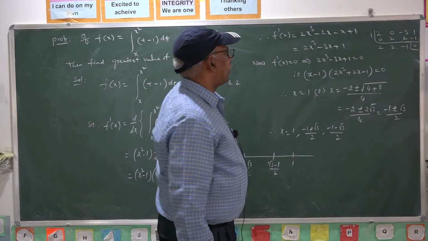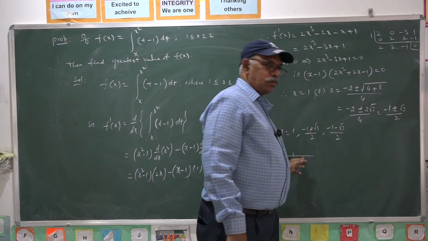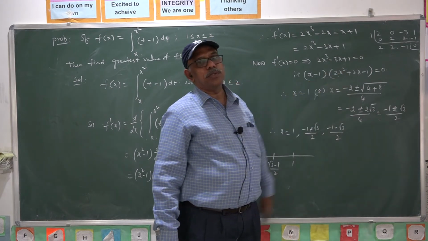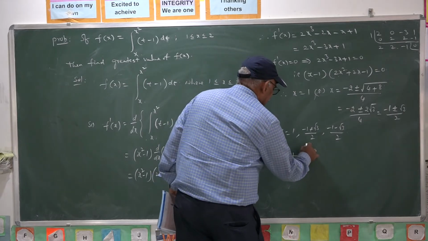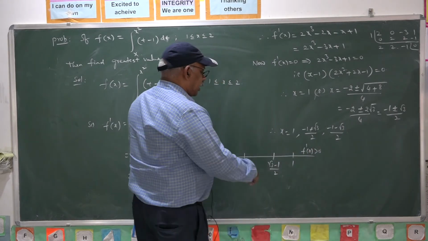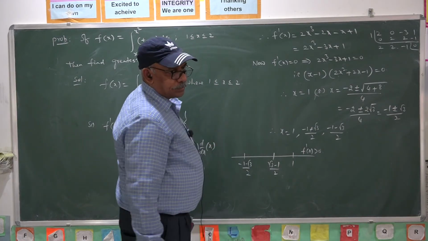For x more than 1, this is positive. Taking suppose x equal to 2, this is positive. This is clearly positive. For x more than 1, f dash x is positive. Alternatively, this is negative. For these values, f dash x is negative.